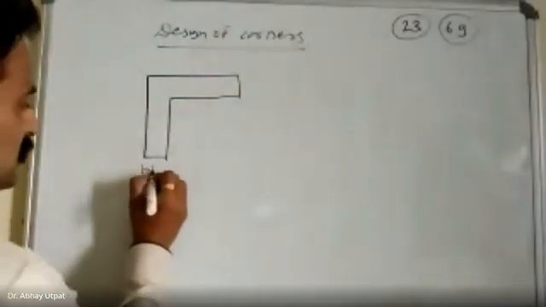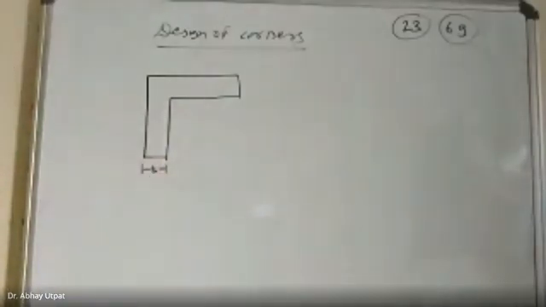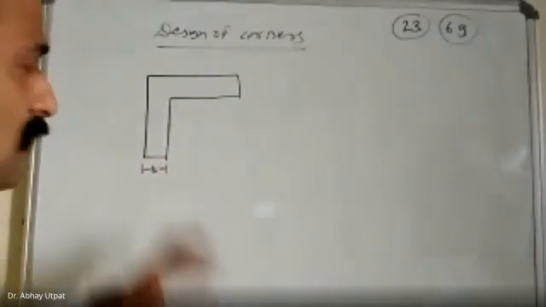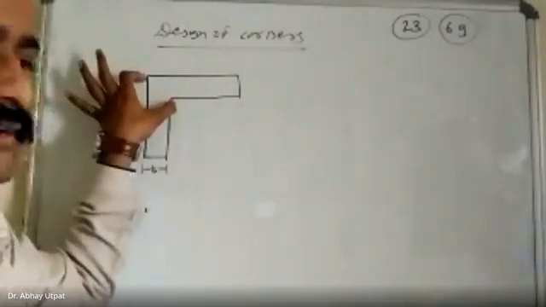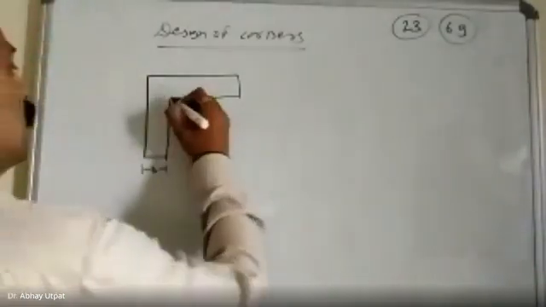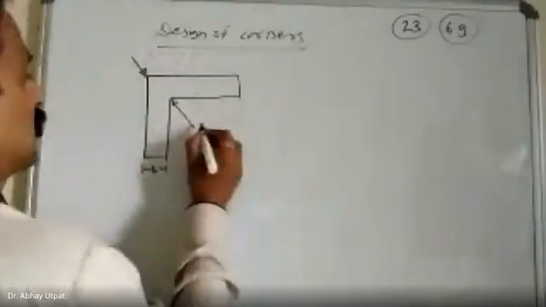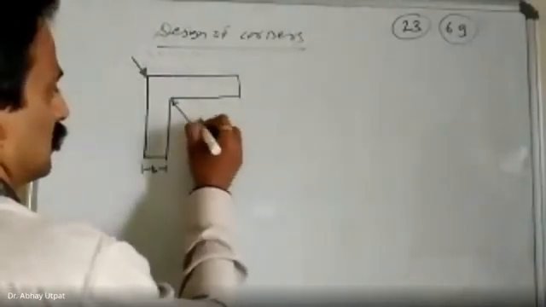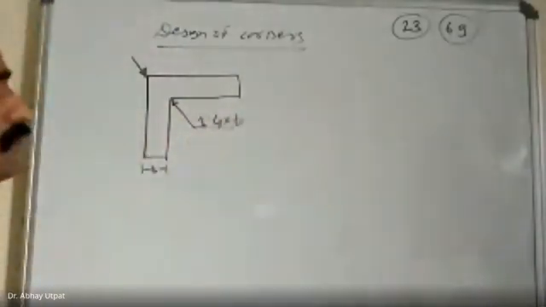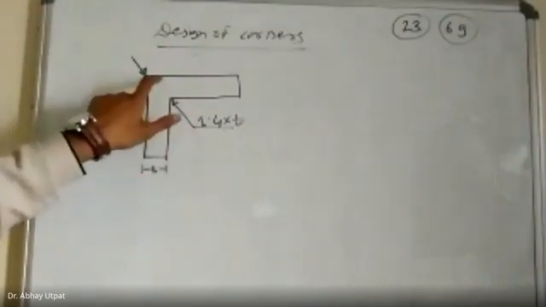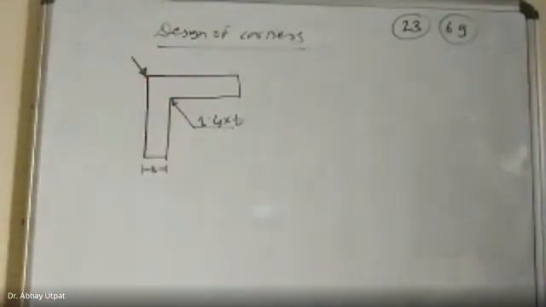And if this is T, the wall thickness, then if you see the corner, this will be the thickness considered, and which is 1.4 times the wall thickness, 1.4 into T. So if this wall thickness is almost 1.5 times more, it will cause a decrease in the rate of solidification and in turn a decrease in productivity.